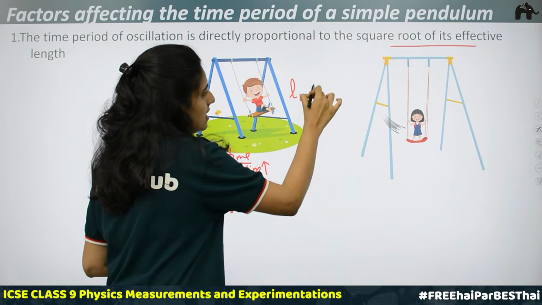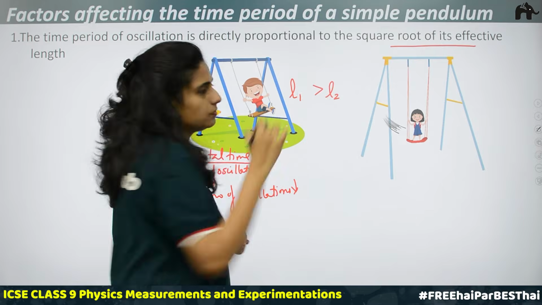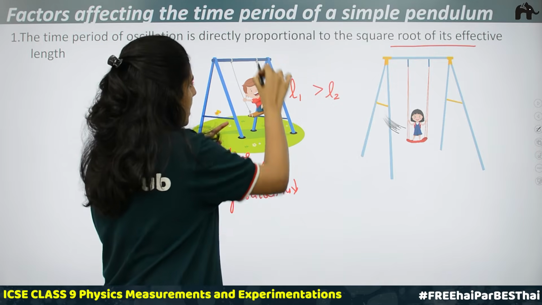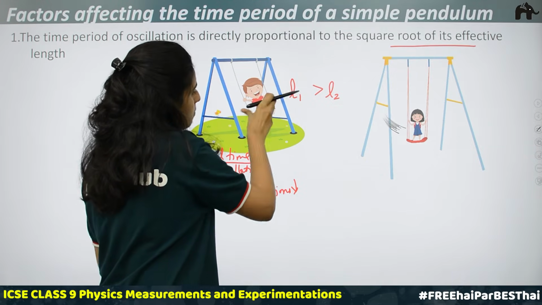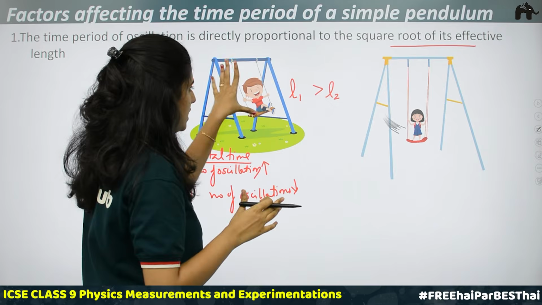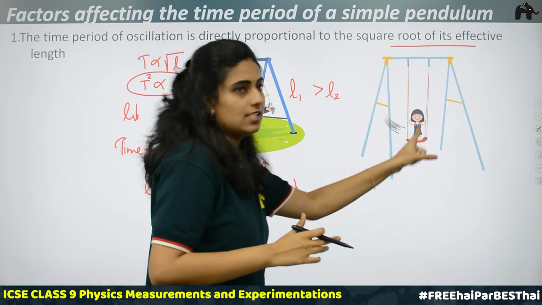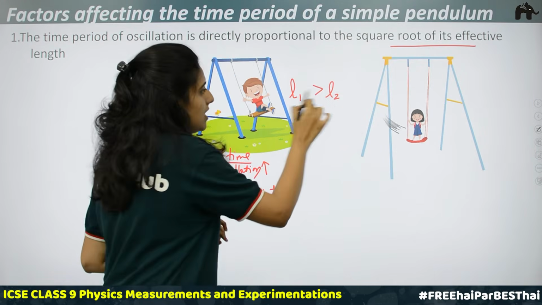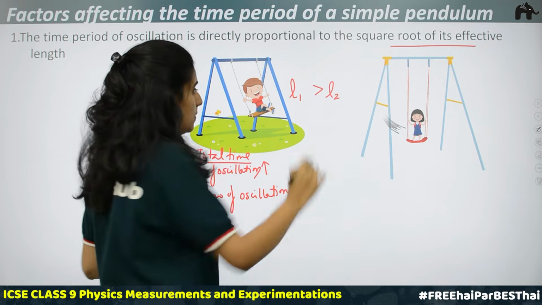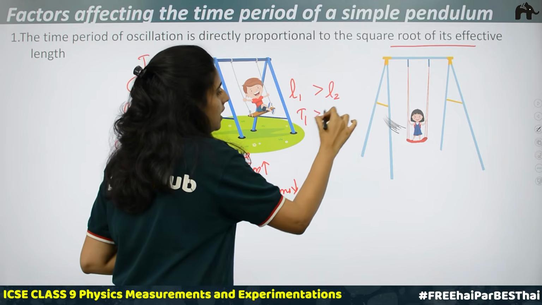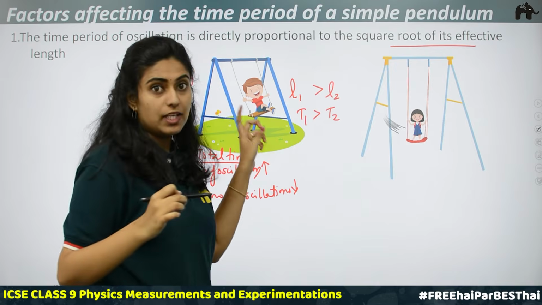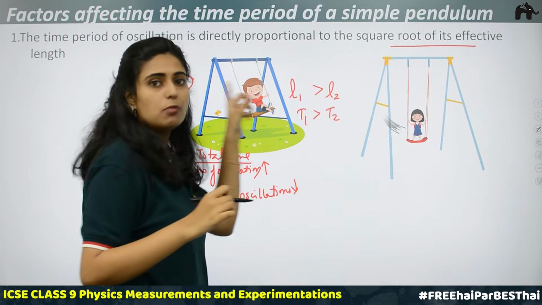We are taking length of this string. When the boy is sitting, we will take it as L1 and the girl's as L2. L1 is greater than L2, which means T1 will be greater than T2. The time period will be greater in case of the boy.